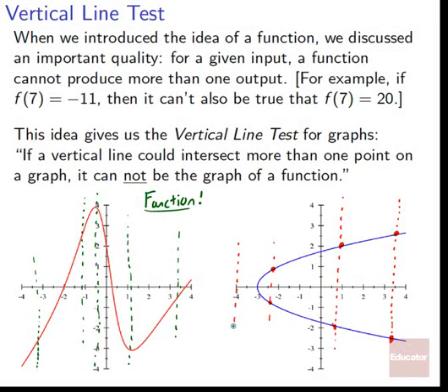If we can do it at any place on the graph, even if there's only one place where a vertical line hits the graph twice, then that means it's not a function. So if there's a vertical line that could intersect more than one point, it is not a function. So vertical line, if it's able to intersect more than one location on the graph, it's not the graph of a function.